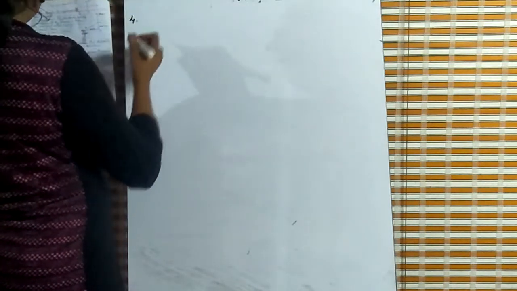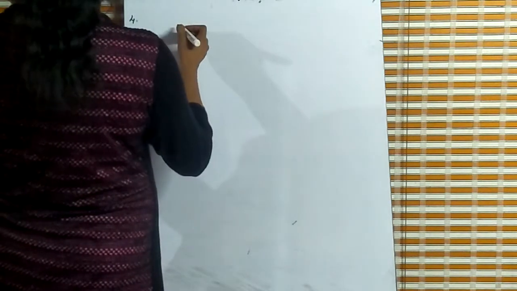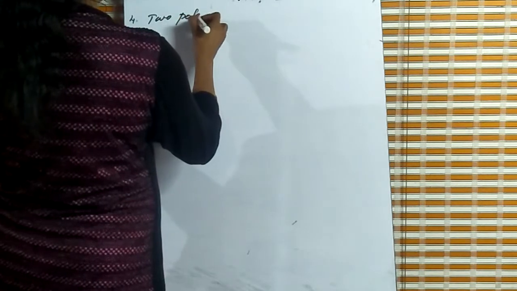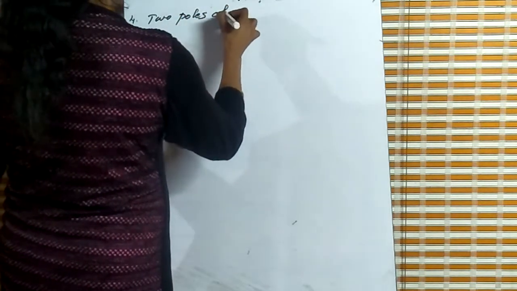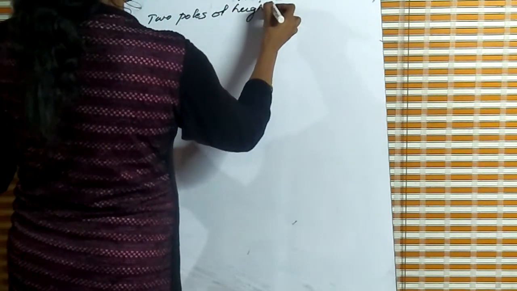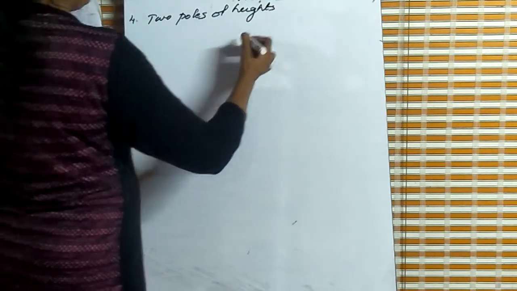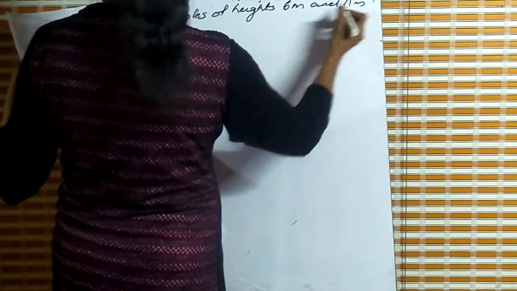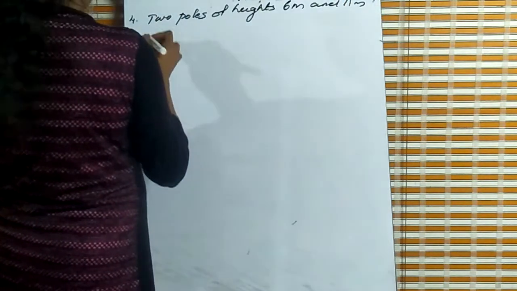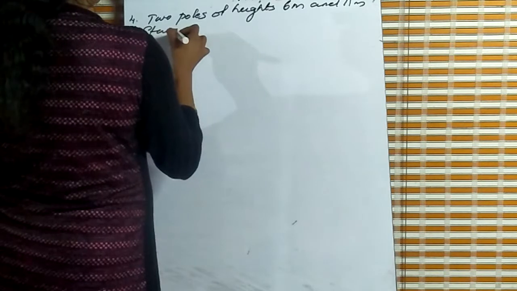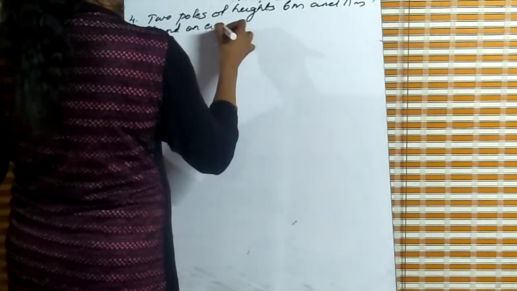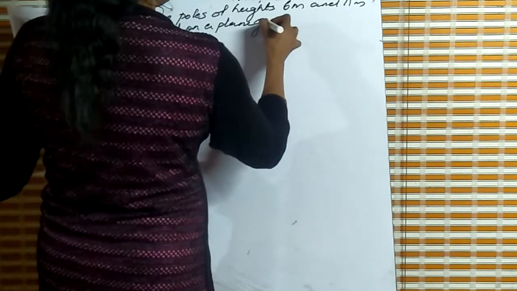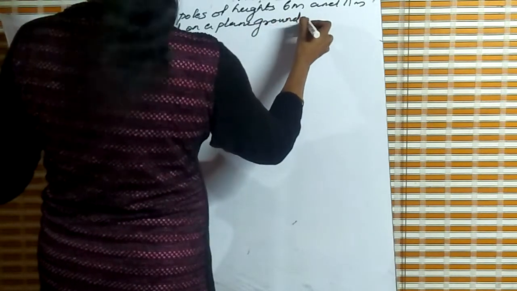Question number 4, that is 12th question in the text. Two poles of heights 6 meter and 11 meter stand on a plain ground.